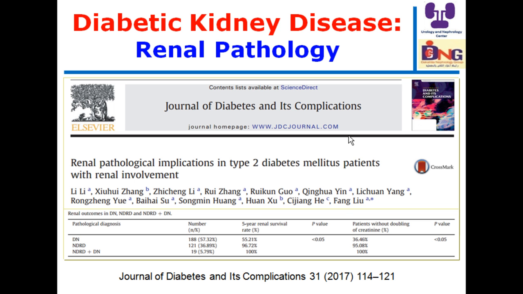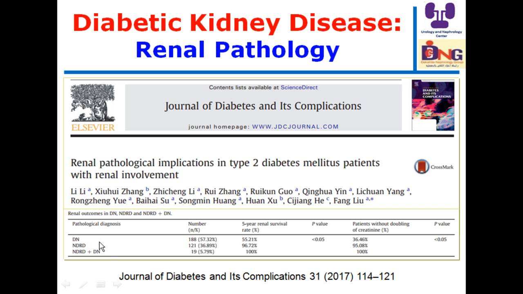If it exceeds 390 in women or 400 in men, this means that the glomerular basement membrane is thickened. So these are the classic pathology of diabetic nephropathy: basement membrane thickening, mesangial expansion, nodular sclerosis, and lastly global sclerosis. In this cross-sectional cohort study, they looked at the classic pathology.